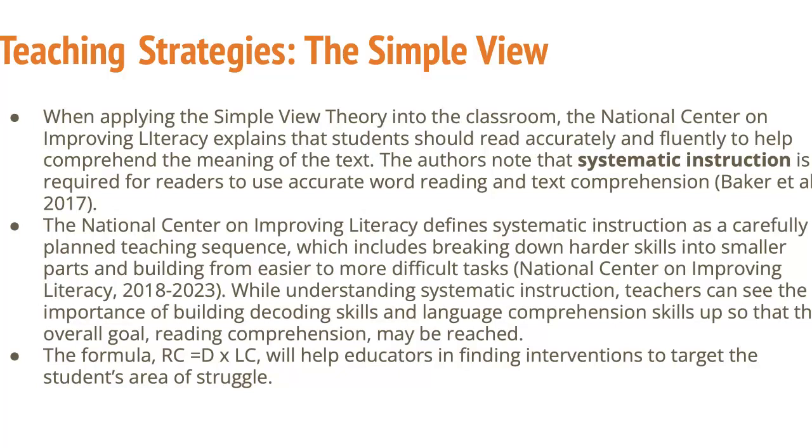With the formula of reading comprehension equals decoding multiplied by language comprehension, educators will be able to find interventions that target the student's area of struggle, which can be either of the three factors.